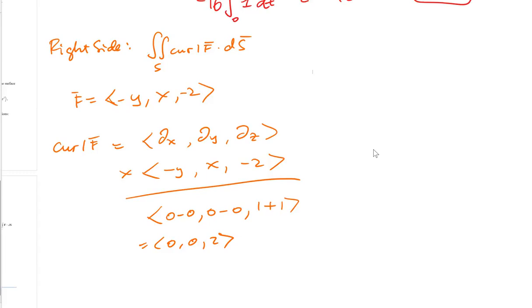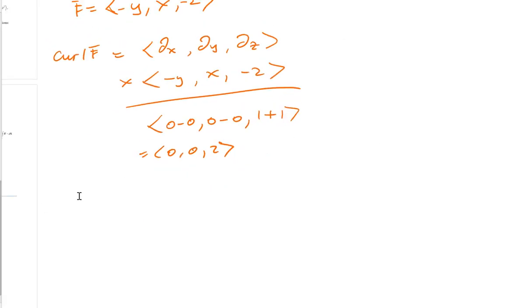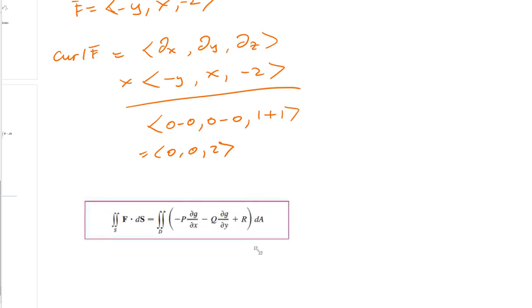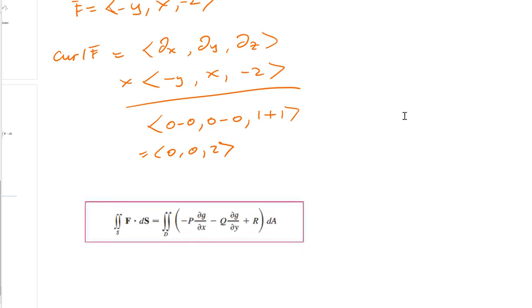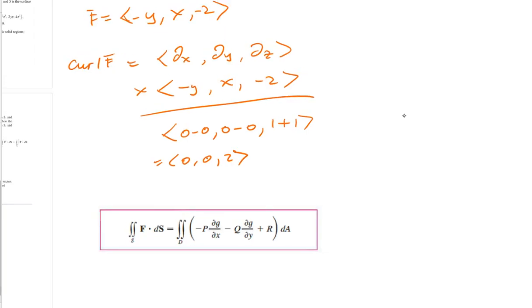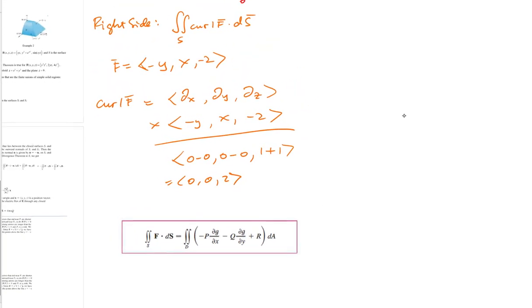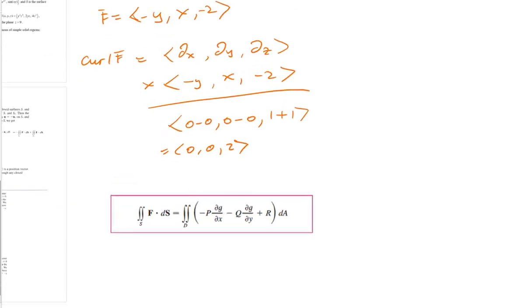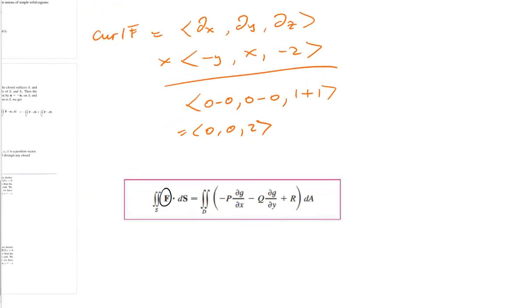Well, let me put it down here. So what we're doing is the curl of F dotted with dS here. So instead of this piece here, it'll be the curl of F. The curl of F is its own little vector function as well, okay?